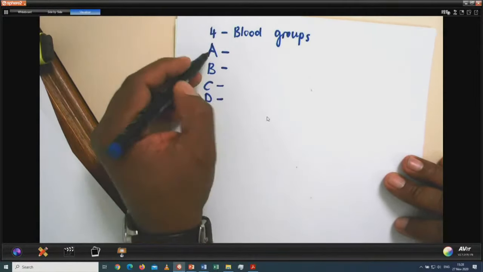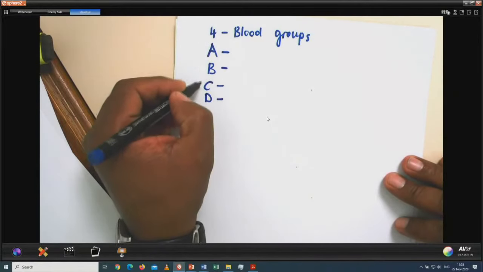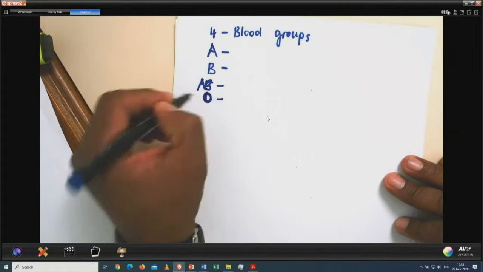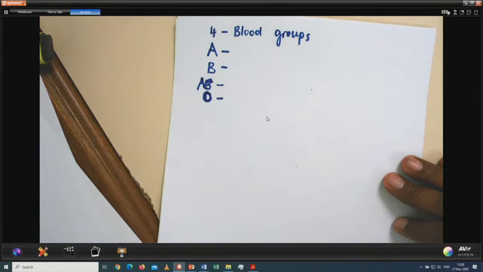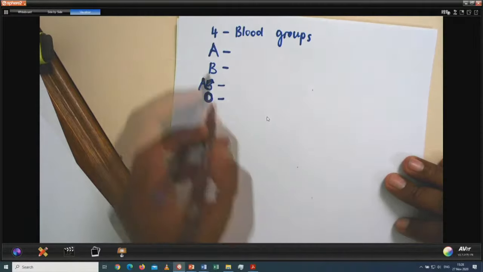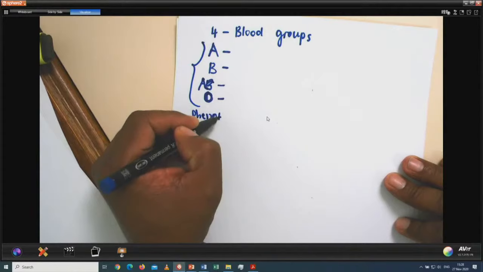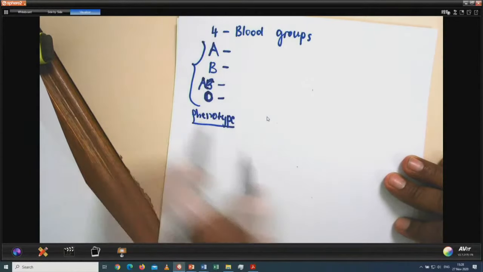I'm so sorry, we have blood group A, blood group B, blood group AB, and blood group O. Sorry for that mistake. And these are the phenotypes of blood groups.